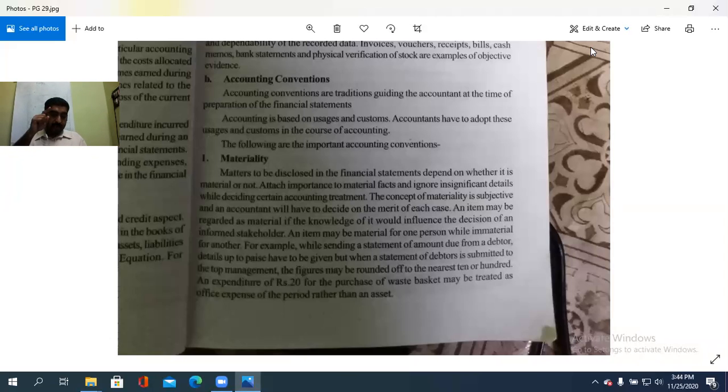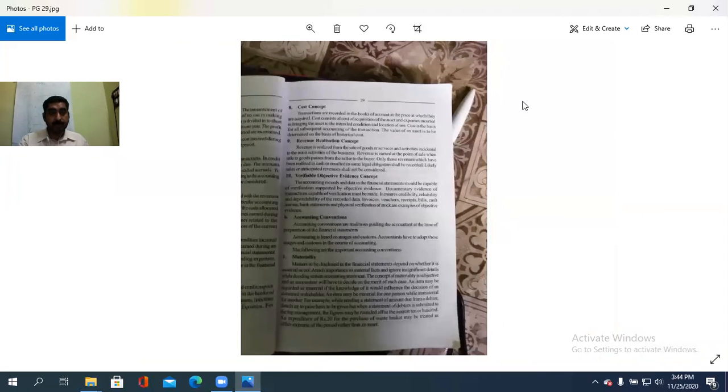That is the case. The principle of materiality means all the true facts relating to the transaction should be recorded. That is materiality. I think you understand now what the materiality principle or convention is. First one, materiality.